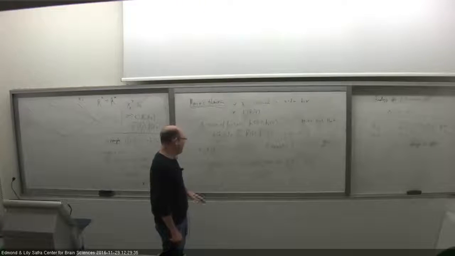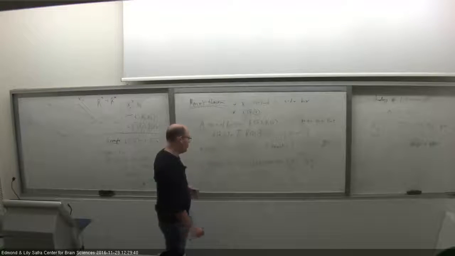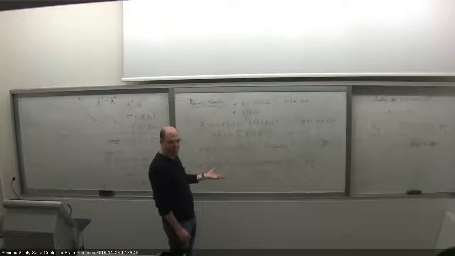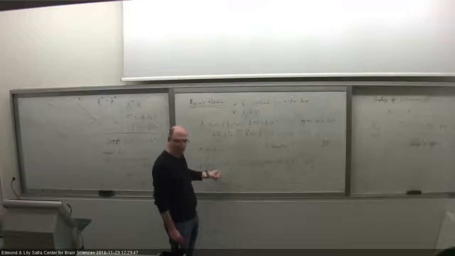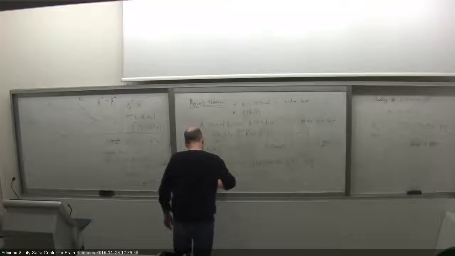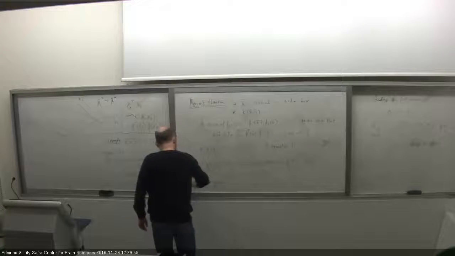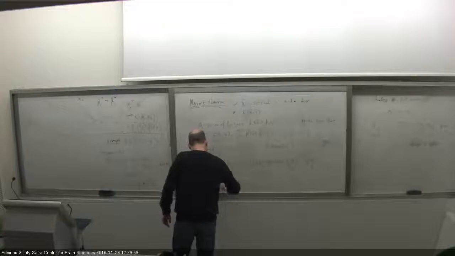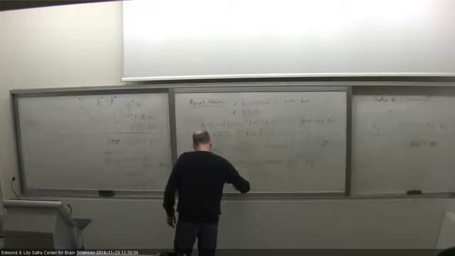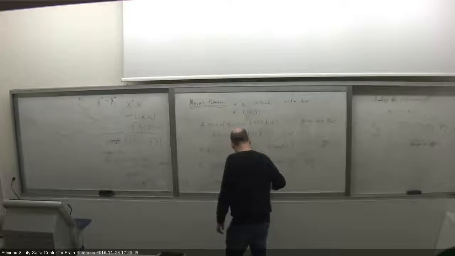So this definition is really a generalization of that definition, and now we're not going to call K a matrix. It's indexed by two continuous variables, but we're going to call it an operator. So this is a semi-positive definite operator.